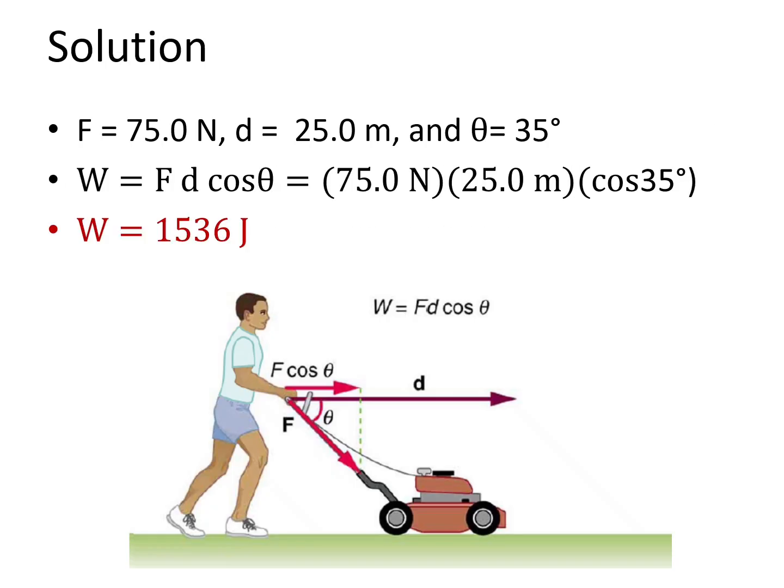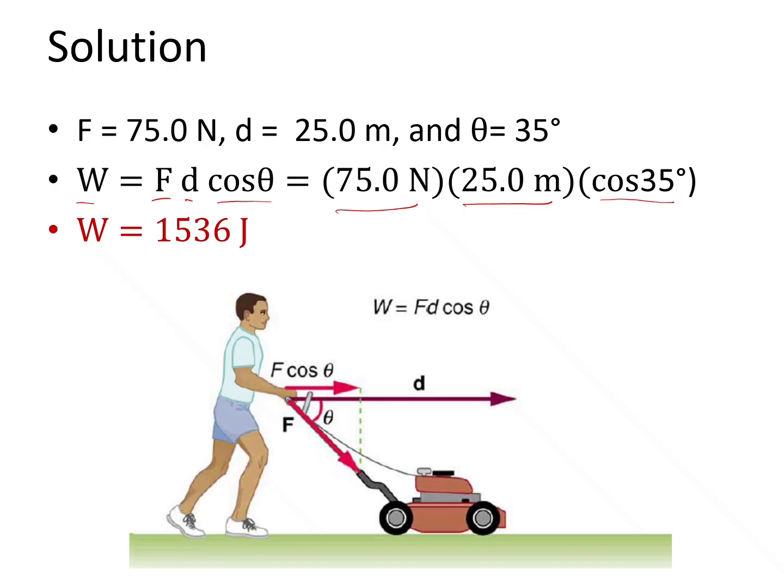Now we substitute the values into the work equation. We have W equals Fd cosine theta. The applied force is 75 newtons. The displacement is 25 meters. And the angle between the force and the displacement is 35 degrees, so we can write cosine 35 degrees.